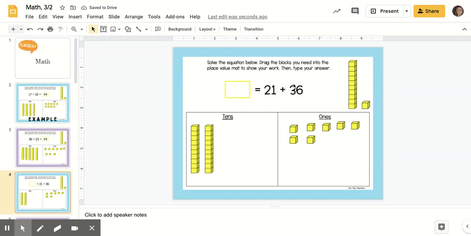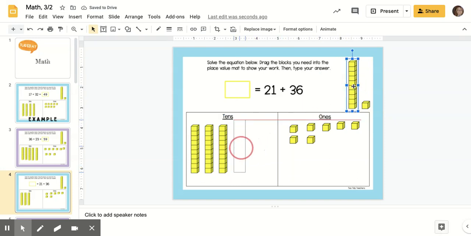So let me see. There's a 3 sitting in the tens place value for the second addend. So I need 3 more tens. So 1, 2, and 3.